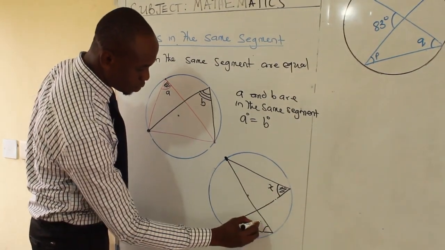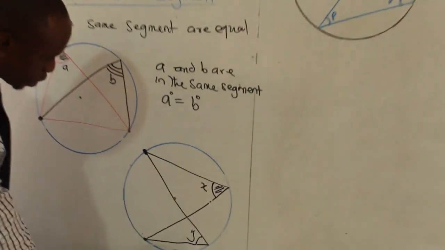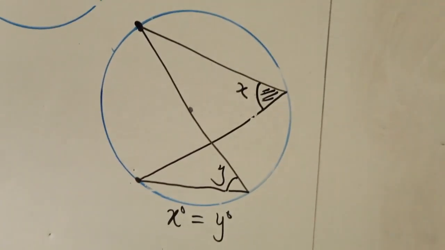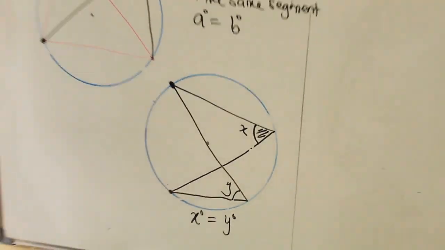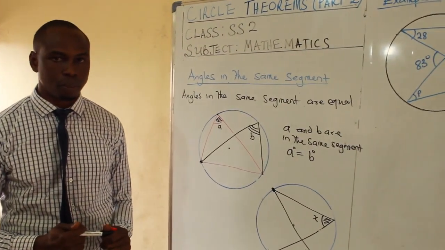If this is x and this is y, x is equal to y. X degree is equal to y degree. X and y are said to be in the same segment.